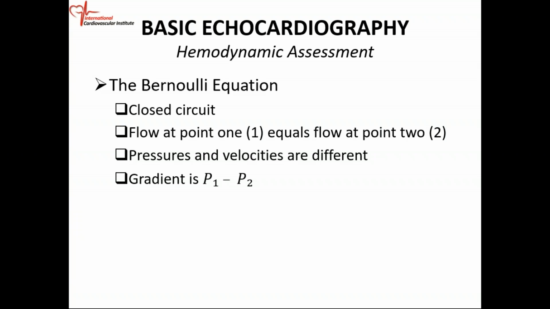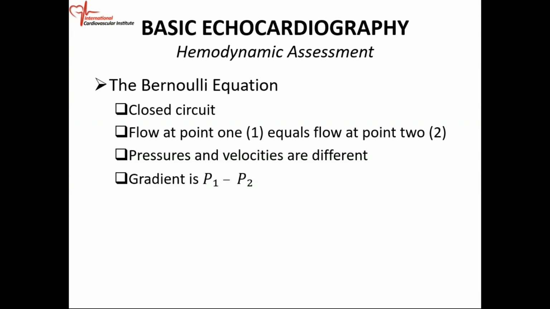And what you need to know is that if you have a closed circuit, so you have a pipe, as long as the pipe is not leaking, the flow at one point in the pipe is going to equal the flow at another point in the pipe. The flow is going to be the same, as long as there is no leak or siphon off.